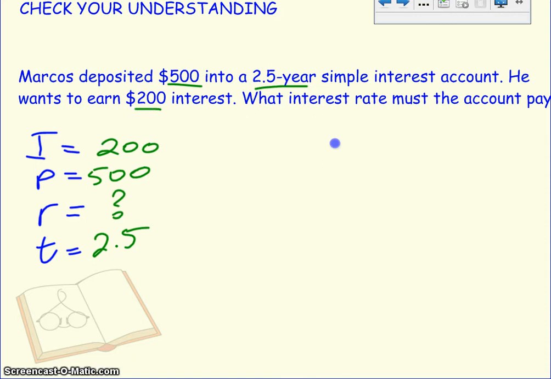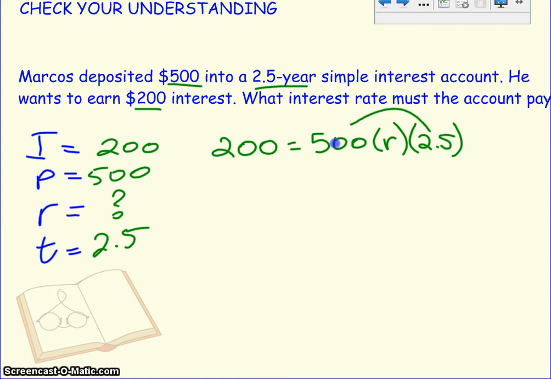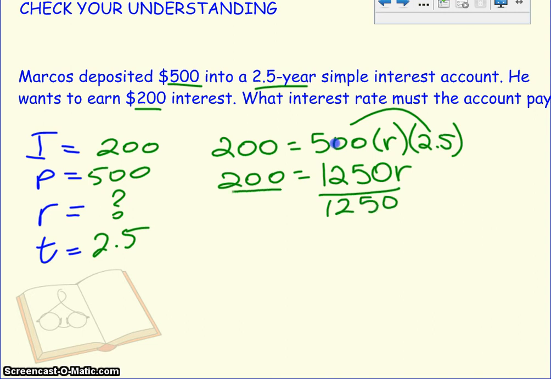So hopefully that's what you have for your values of I, P, R, and T. Let's plug it in. 200 equals 500 times the rate times the time. Now, 500 times 2.5 gives me 1,250 times the rate equals the $200, which is the interest. Finally, I'm going to divide both sides by 1,250.